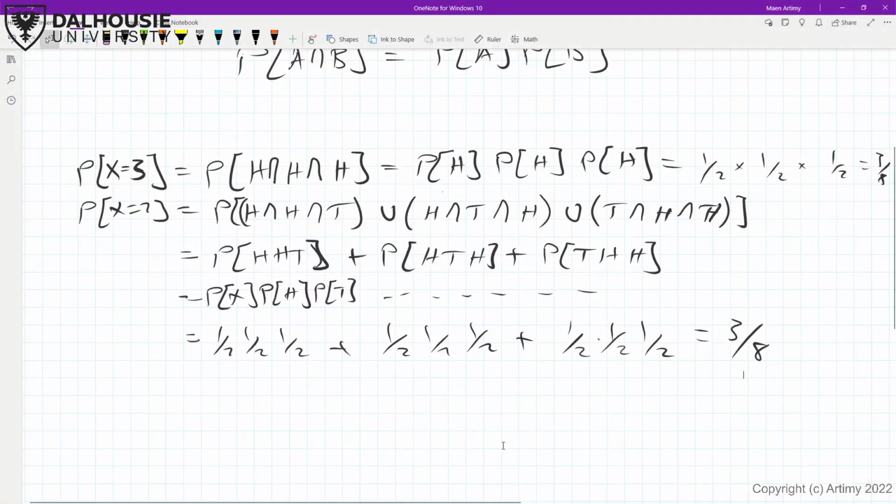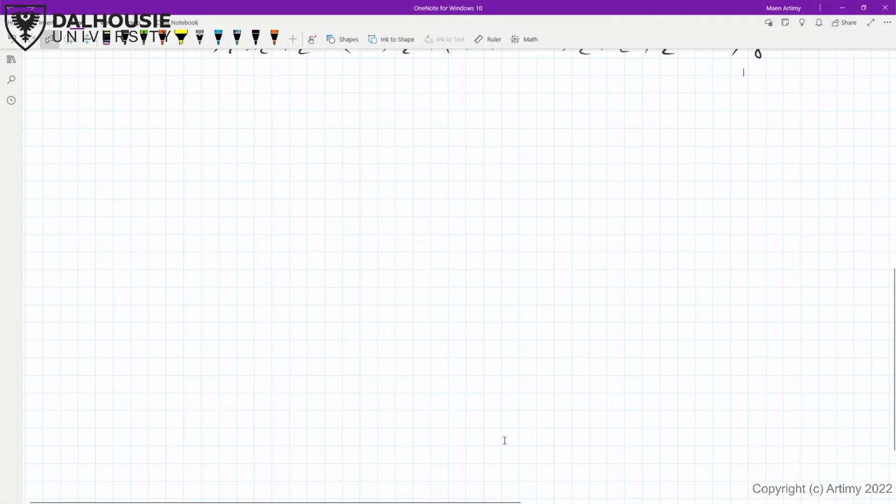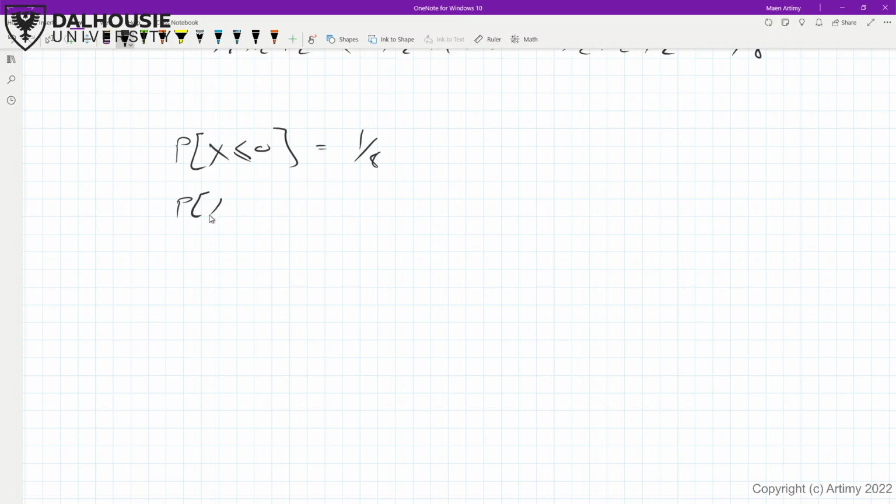If I add all possible numbers up to a certain number, so if I say the probability of x equal or less than 0, that's 1/8. If I say what is the probability that x is less than or equal to 1, it can be x equals 0 or x equals 1.